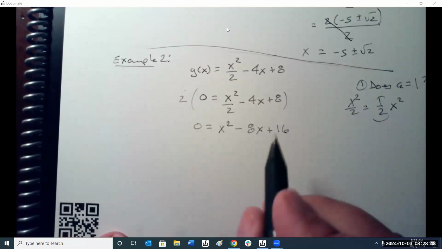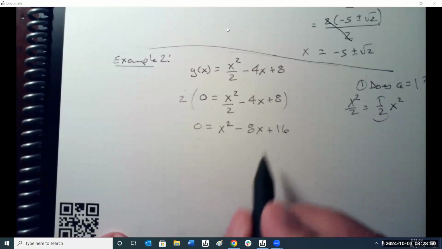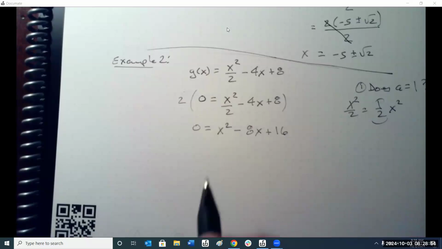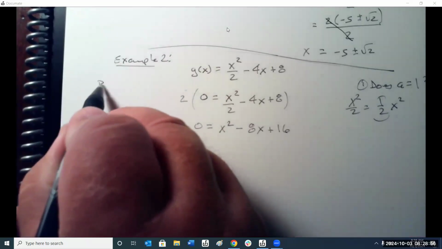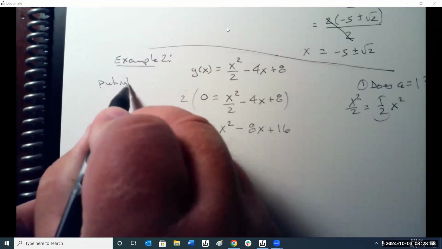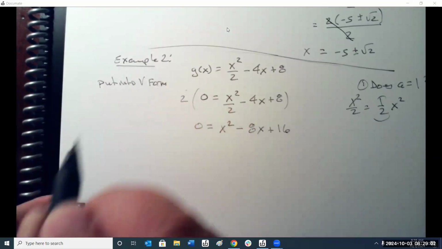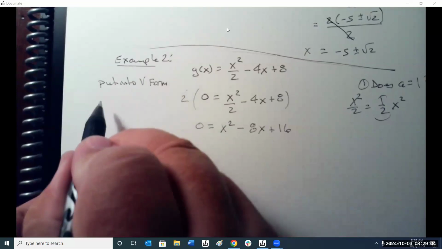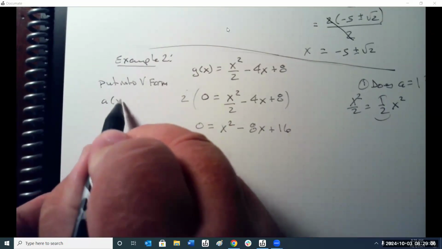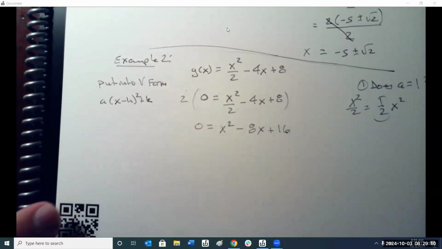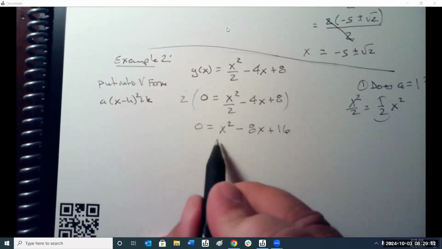All right. So now we go ahead and fix this one. Remember, when we put this in vertex form, which is a(x minus h) squared. So a is 1.